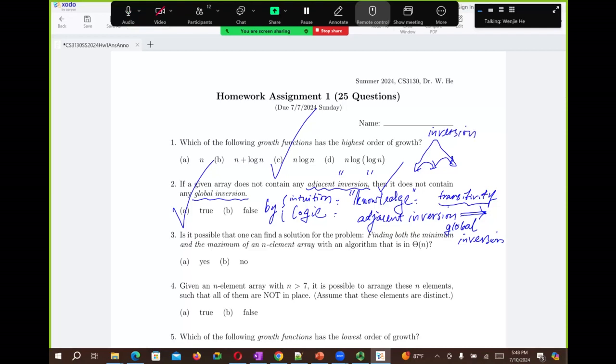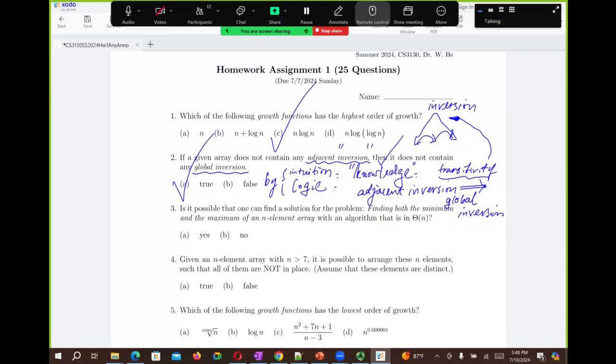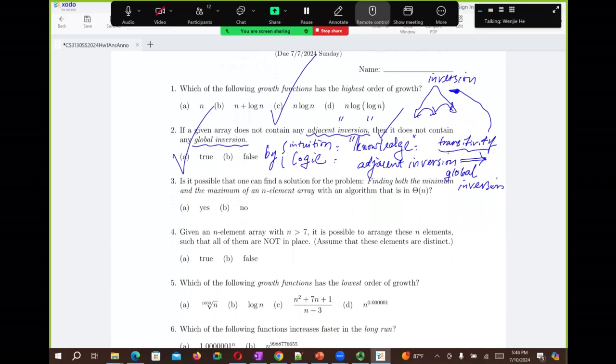These 2 are not adjacent, but they are an inversion, because we can use the transitivity property. So here I just use the example. Although most of you know this result, I just explain why those 2 or 3 students missed this question. All right. So here, answer 2.